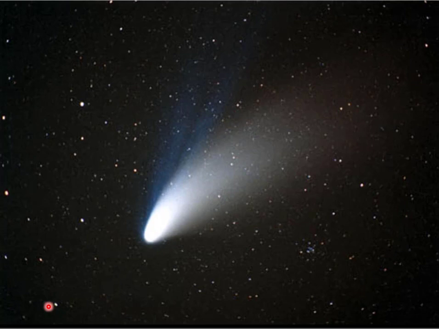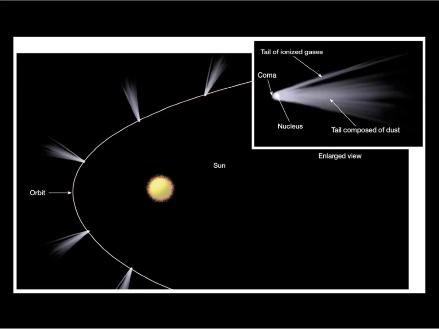Actually, well, it might be. The correct answer to the question, what direction is the comet in this picture moving, is you can't tell from this picture. Comet tails don't string out behind them. Comet tails string out away from the sun.